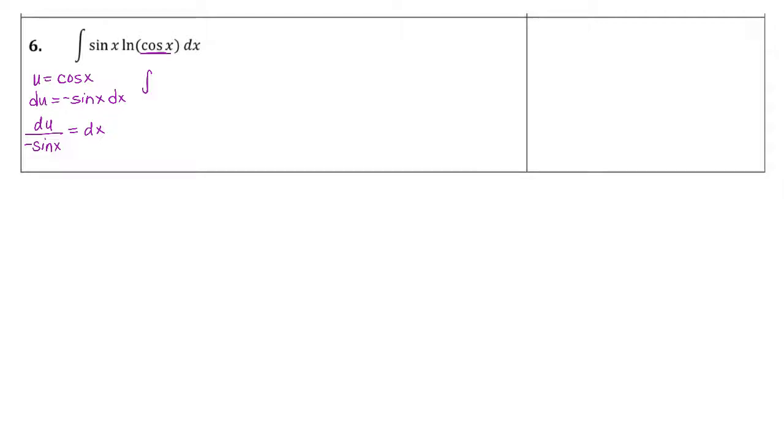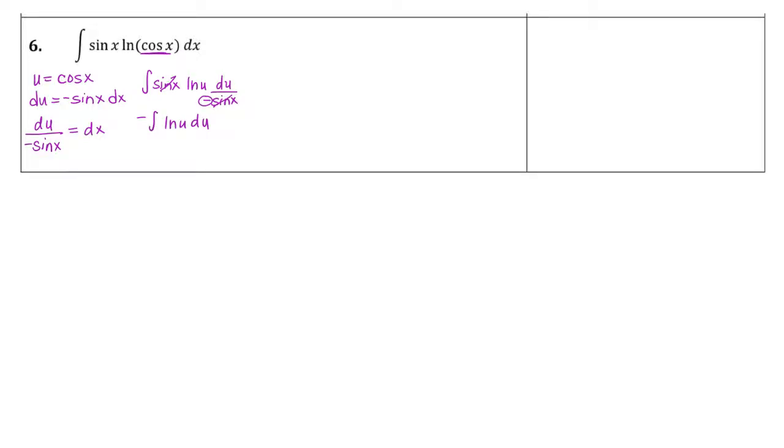So when we come back over here and do our substitution, we have sine x times natural log of u, and then dx is going to be du over negative sine x. So notice those sine x's do cancel, and I'm going to move this negative to the outside. So we're going to have negative natural log of u du.